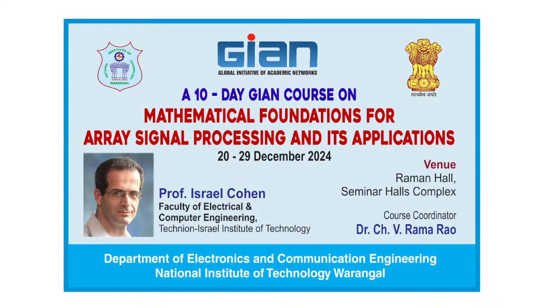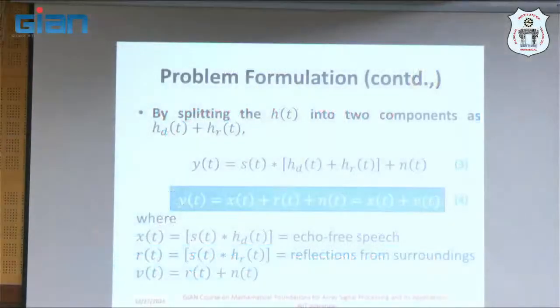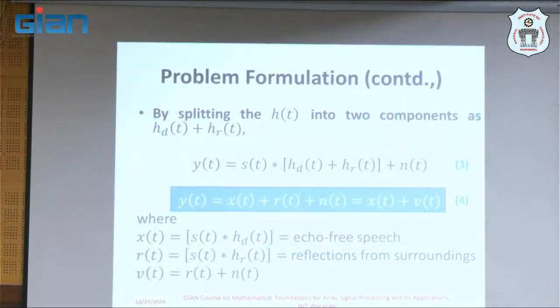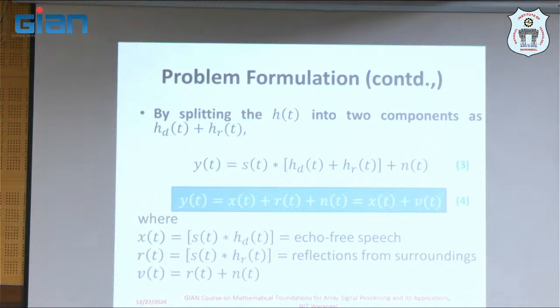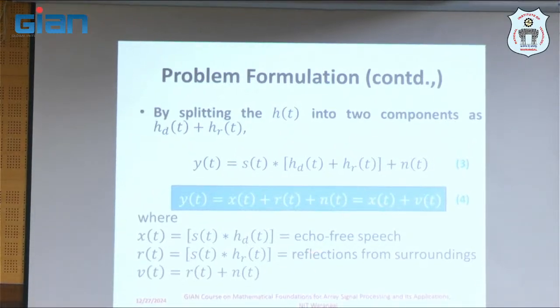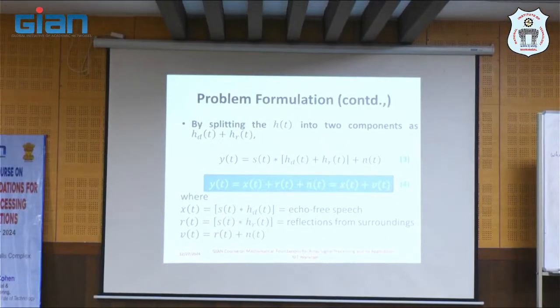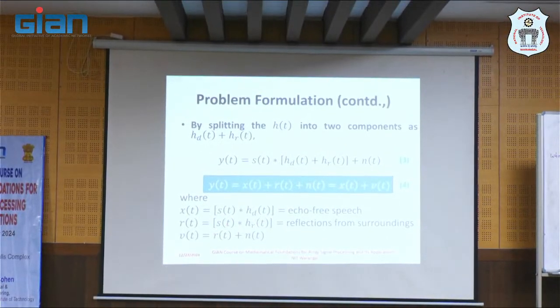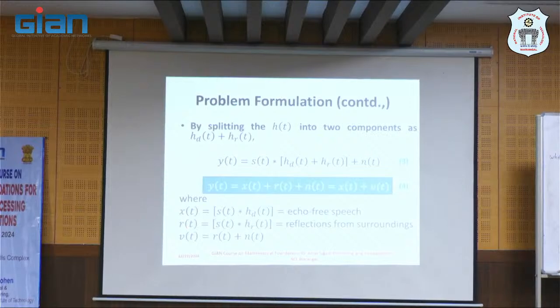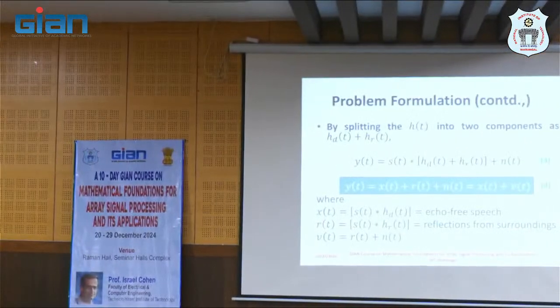This S of t is convolved with the echo-free, that is the direct impulse response. Then we have the echo-free speech, which is denoted as X of t. And here we are convolving the speech with the reflected impulse response. Then we have the reflections from the surroundings.